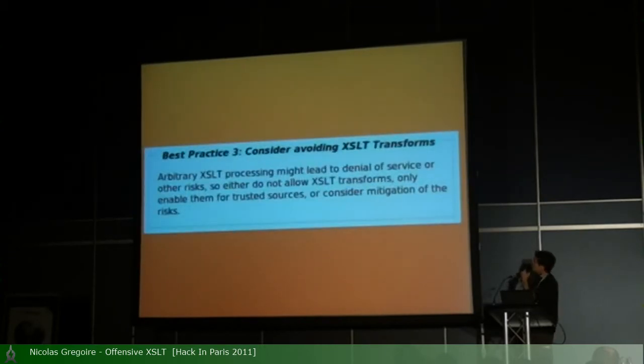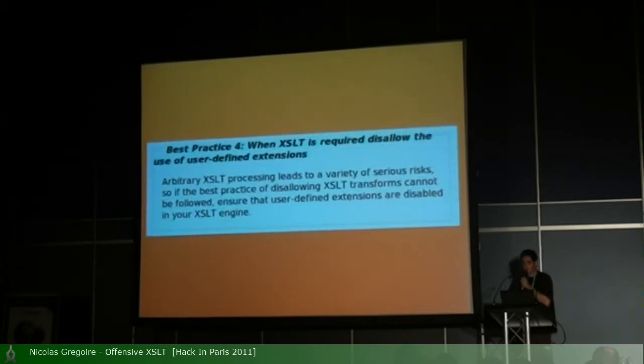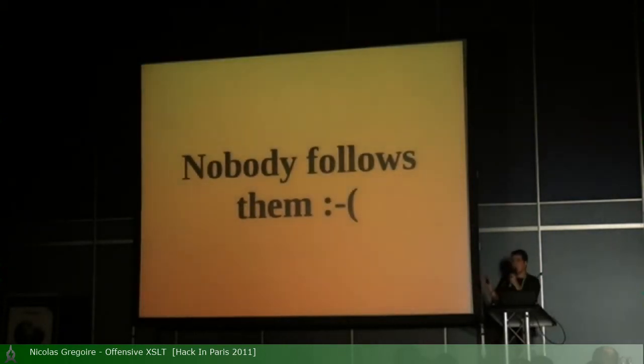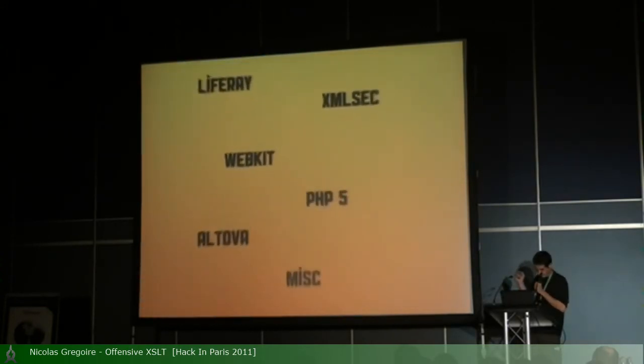Advice 3: consider avoiding XSLT transforms. And advice 4: if XSLT is required, please disallow user-defined extensions. One thing we can say is that absolutely nobody follows this kind of advice, which is a pity.